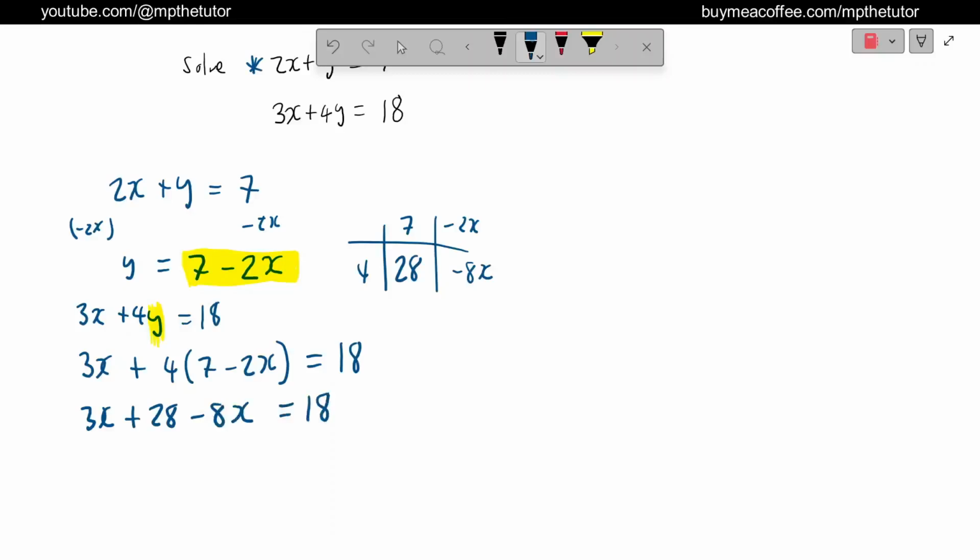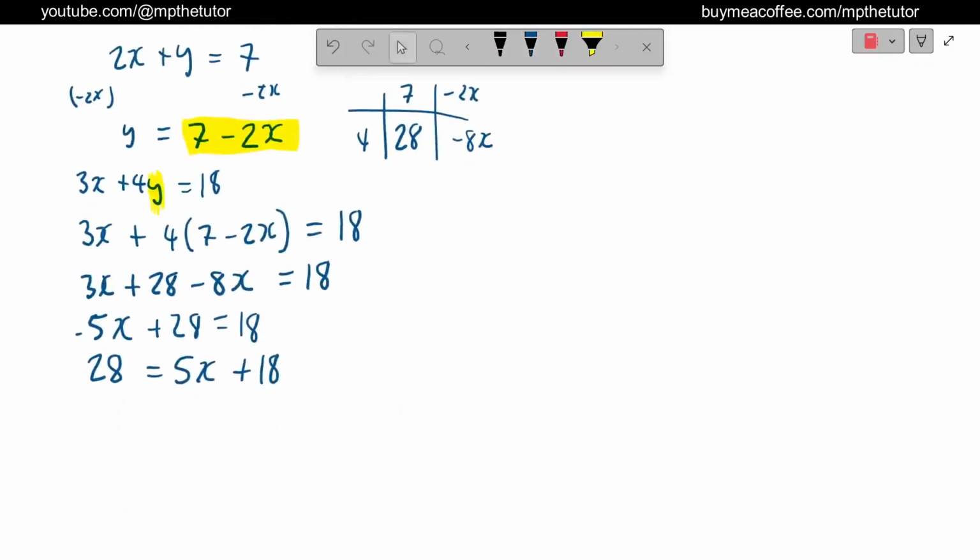Then I'm going to group the x's together. So we end up with minus 5x plus 28 equals 18. What I can do is put the 5x on the other side. So you get 28 equals 5x plus 18.